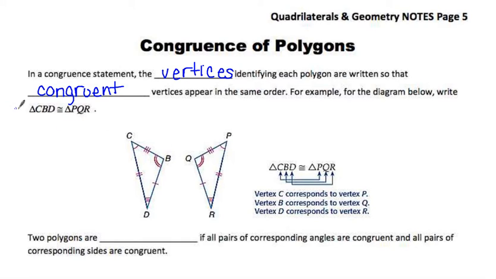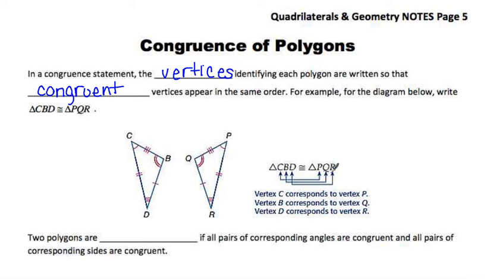So if I follow the order C to B to D, if I look at the swoops in the corner, 1 to 2 to 3 swoops, and then I have to do the same thing. P is 1 swoop, Q is 2 swoops, R is 3 swoops. These little swoopies in the corners tell us they're congruent. So we can look to see vertex C matches with P because they're in the first order. B matches with Q.